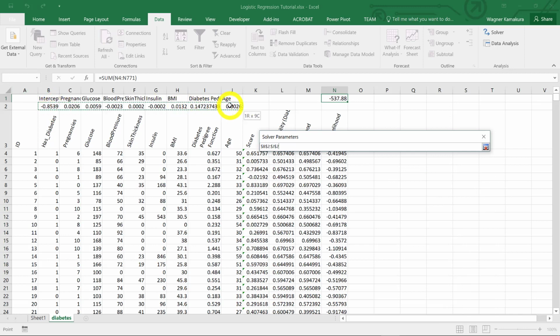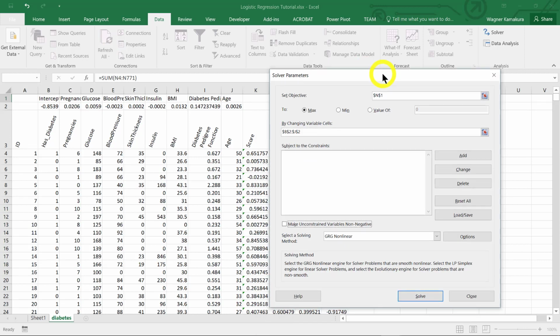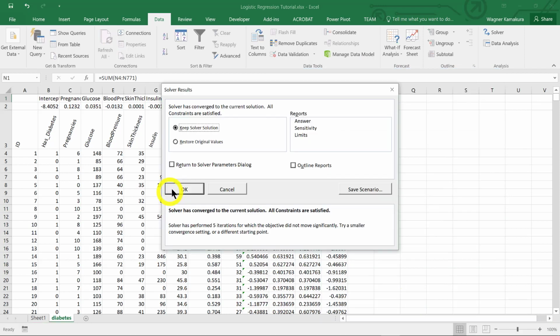We want to find the combination of weights, intercept, pregnancies, glucose, etc., that would produce the highest log likelihood. And we don't want the coefficients to be non-negative. We want the coefficients to be anything they want to be. So we do this and run Solver.